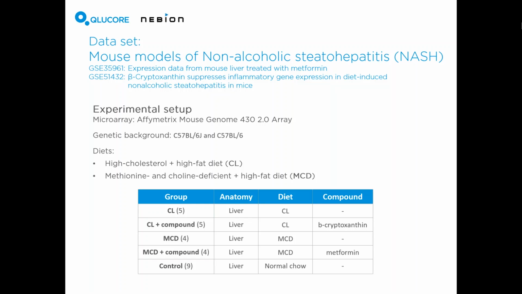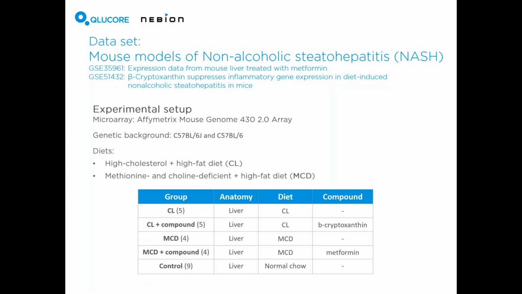NASH is characterized by hepatic steatosis, inflammation, and fibrosis, and an optimal treatment has not been established yet. It can also progress into end-stage liver disease and liver cancer, such as hepatocellular carcinoma. Therefore, research using translational animal models of NASH is necessary for better diagnosis and effective treatment decisions.